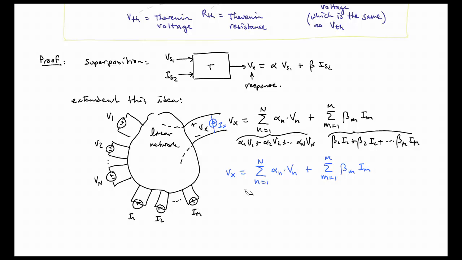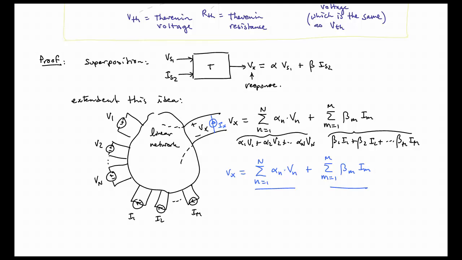Well, it's just another current source. All of the current sources previously were just contributing some weighted contribution from that source to the output. Now the first question is, do either of these terms change by adding Ix?